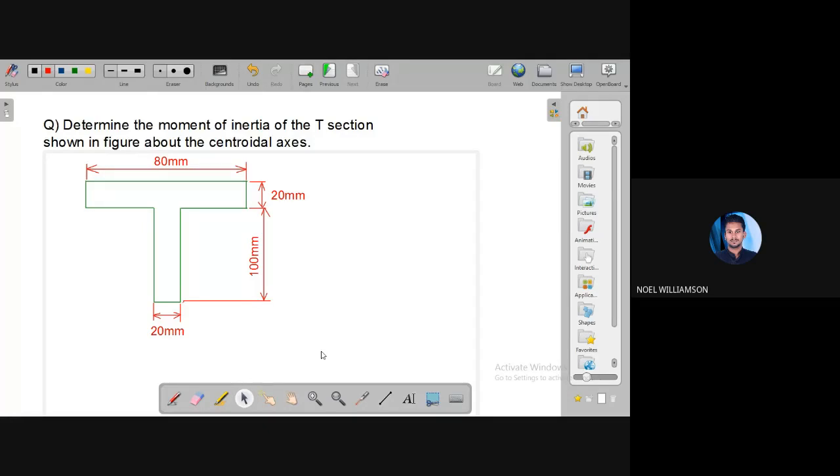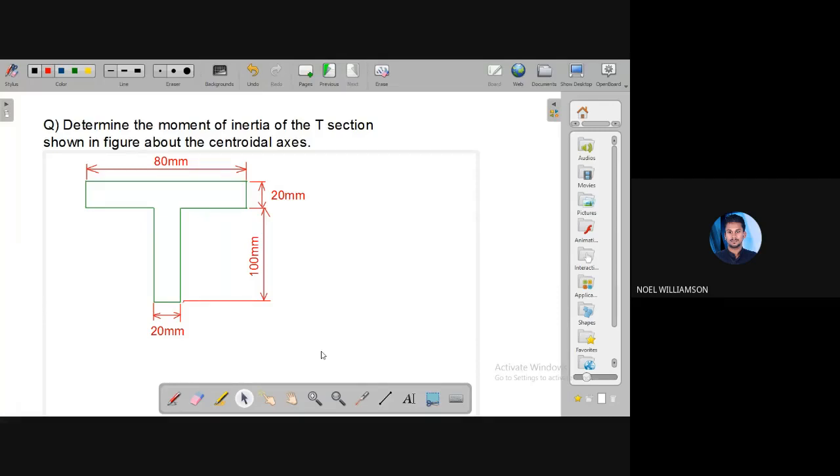Then find the values for IGXX1, IGXX2, IGYY1, IGYY2, etc. Then in the third stage, we have to find h1x, h2x, h1y, h2y, etc. At last, you have to apply these values into the main equation.